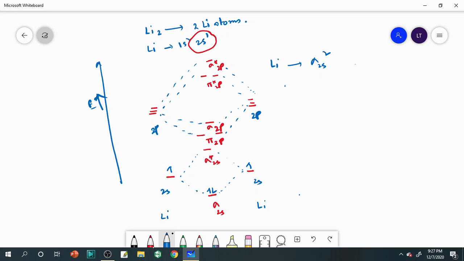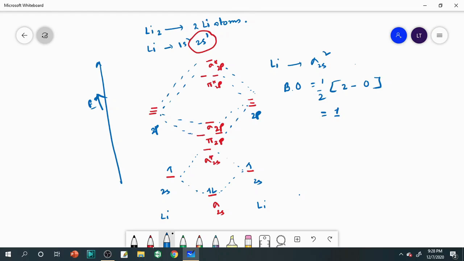So what will be its bond order? Its bond order will be half of the number of electrons in the bonding molecular orbitals minus the number of electrons in the anti-bonding molecular orbitals. The number of electrons in the bonding molecular orbital, sigma 2s, is 2, minus 0, since no electron occurs in the anti-bonding molecular orbital. So 2 minus 0 divided by 2 is ultimately 1.